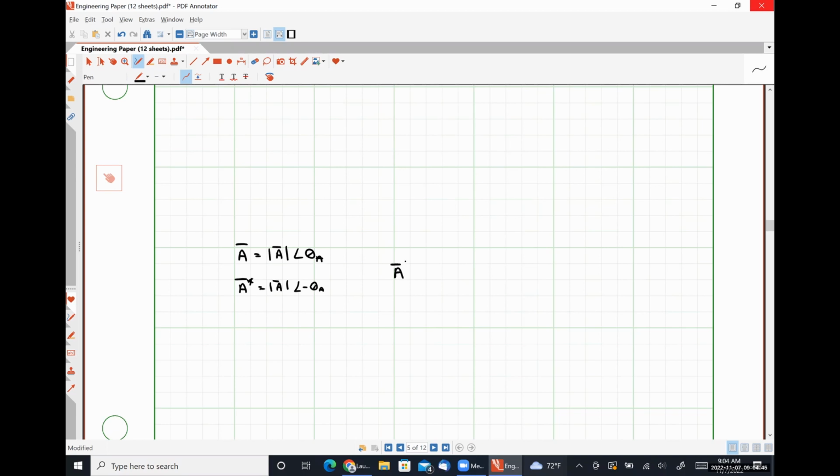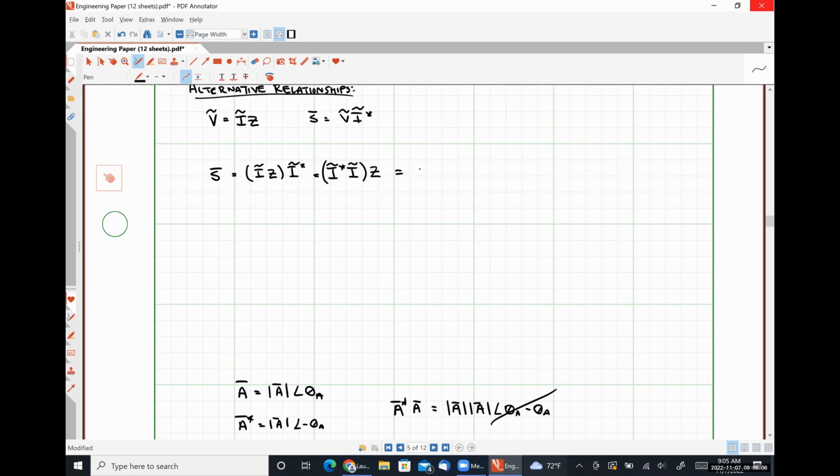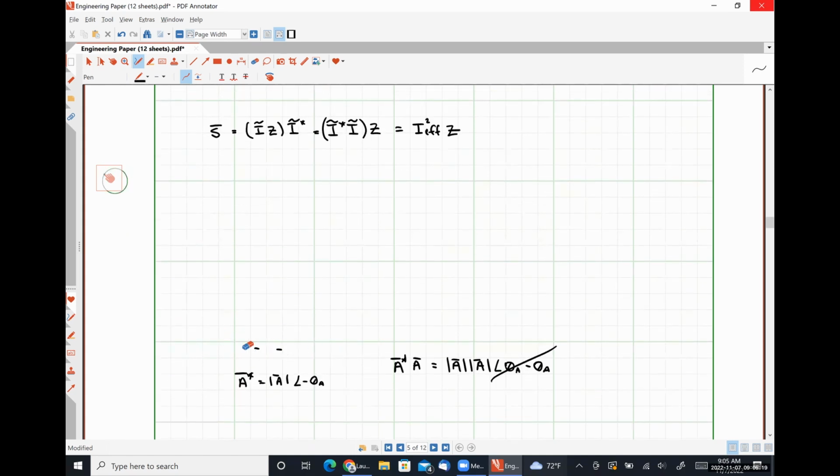So A conjugate times A is going to be the magnitude of A times the magnitude of A with an angle of theta A minus theta A. Magnitude squared. So this will just be the effective value of the current magnitude squared times the impedance. Okay. Let me erase this stuff down here. We don't need it now that we know how that works.